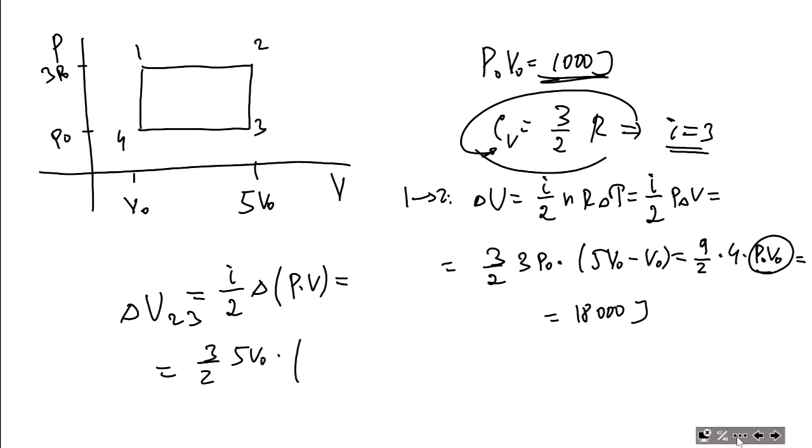But the pressure changes from, yeah, but we need to calculate final minus initial. So final will be the P3, right. And that's it. So again, it gives you 3 over 2, 5, 1 minus 3 is negative 2, and you end up having the same product, which is 1,000. Okay.